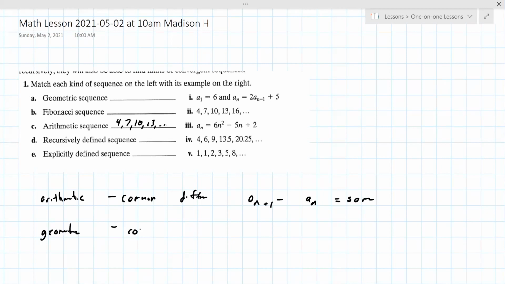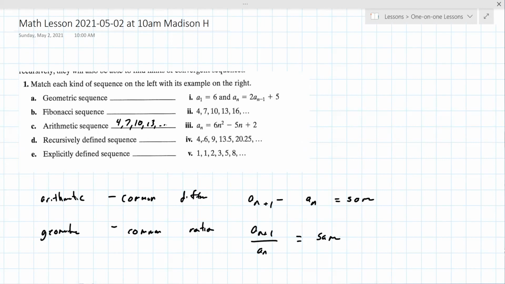That has a common ratio, and that happens when you divide terms. So it's a sub n plus 1 divided by a sub n, and it's the same each time. So you're looking for things that divide really well into one another.